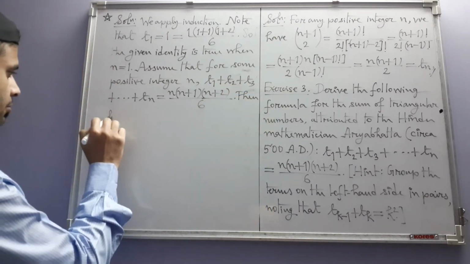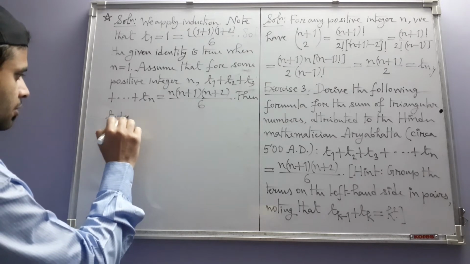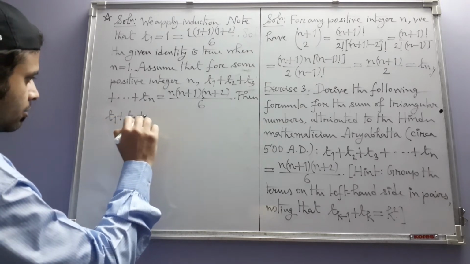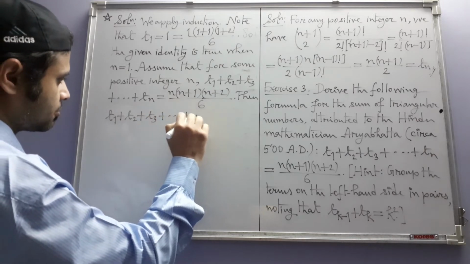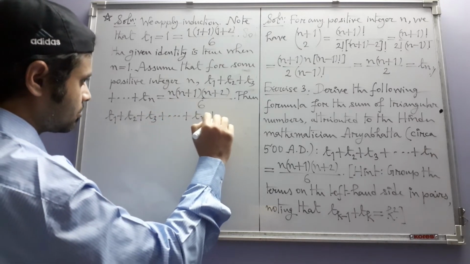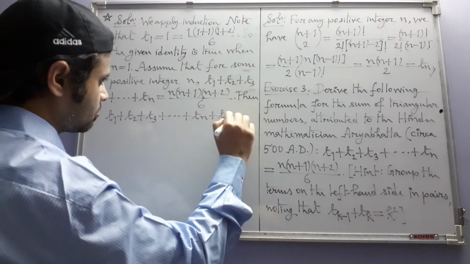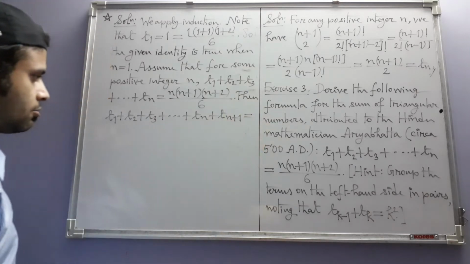Then the sum of the first n plus 1 triangular numbers is equal to this part.